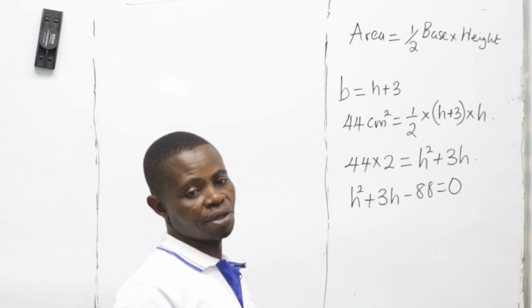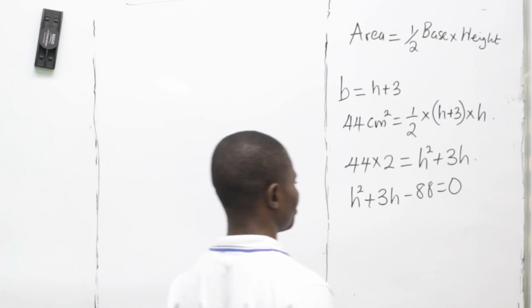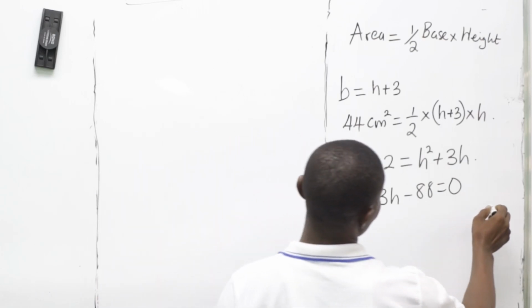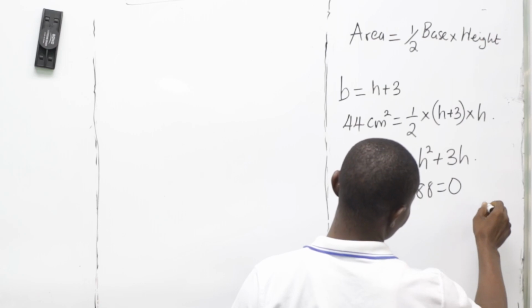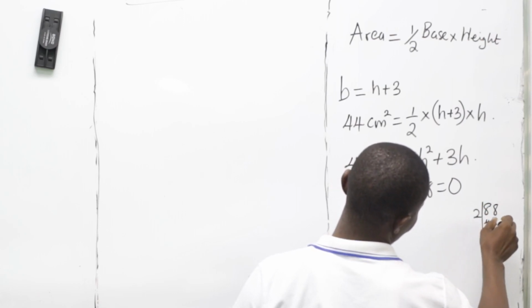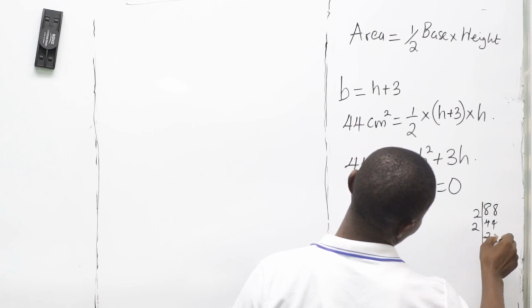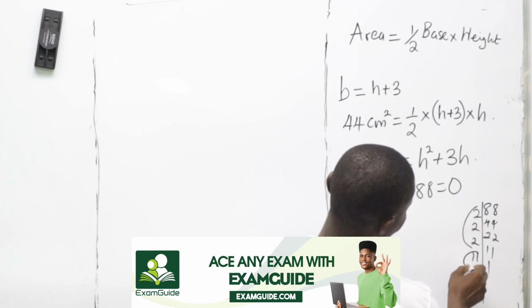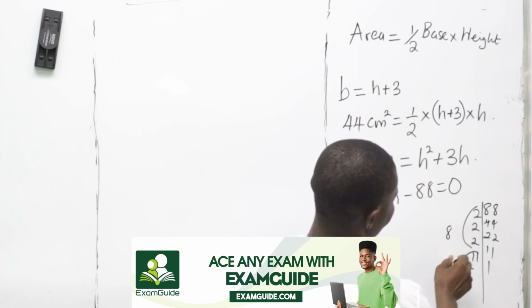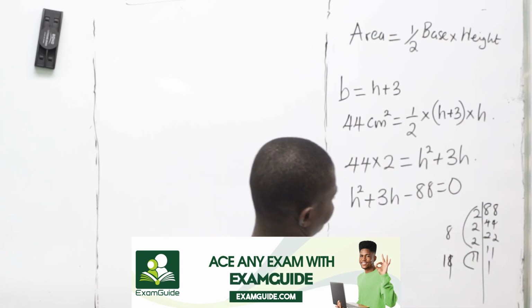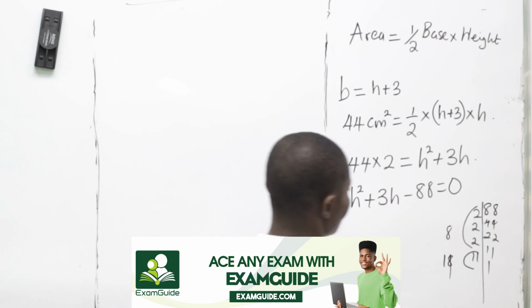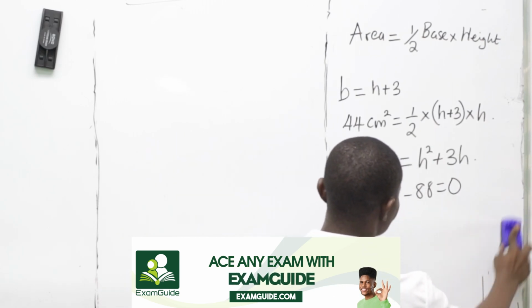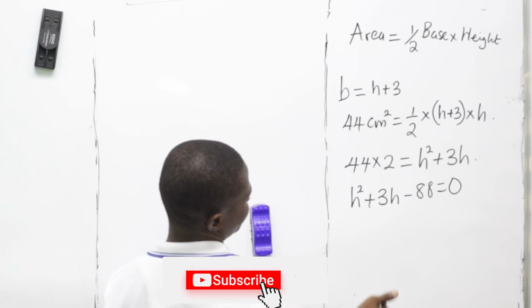Still a quadratic equation. Now let's get 88. This is 44, 22, 11, 11. So this is 8 and this is 11. 8 against 11 will be able to give us 3. So it is 8 and 11.